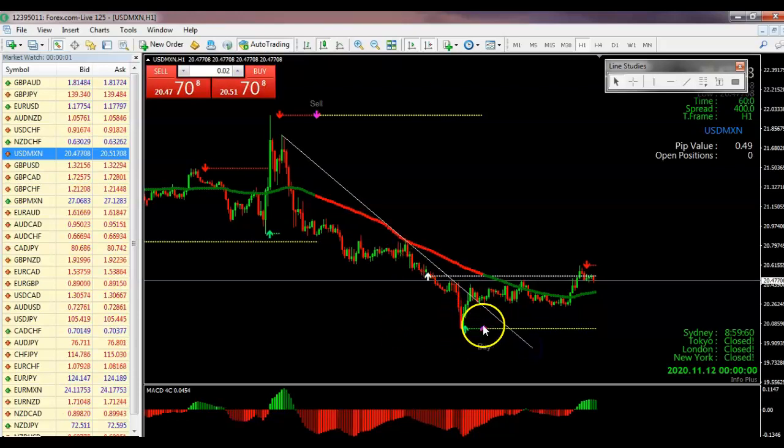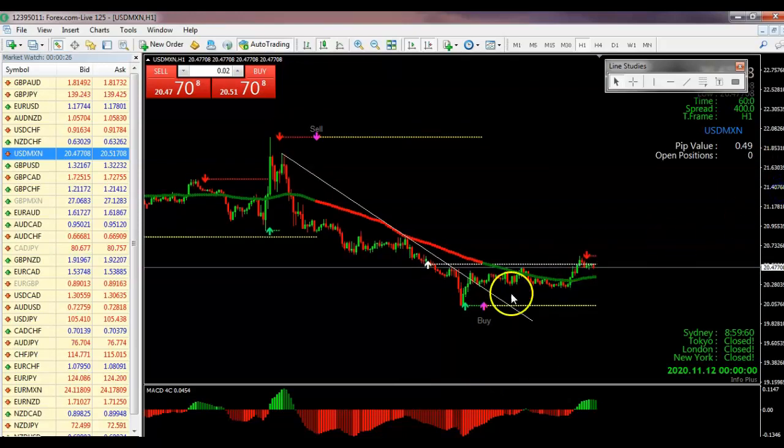Let's say we get Magic Arrow anywhere over here, but the trend hasn't been broken yet, so you don't go in. You wait. The signals are not going to fool you. The signals are there to tell you that pretty soon we are going to have a reversal. The timing is up to the trader to detect where the reversal is going to take place. So trend line can help you with that.